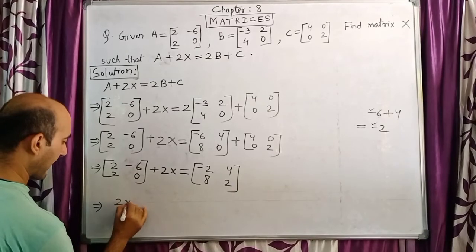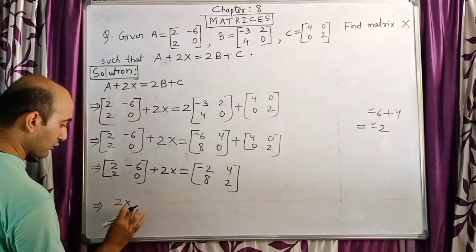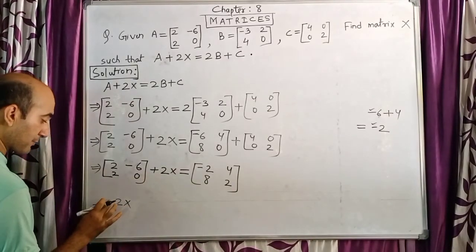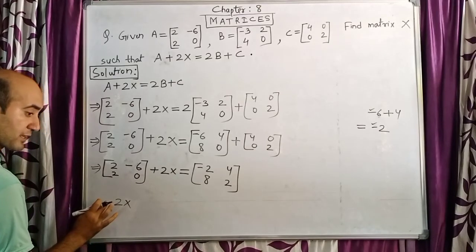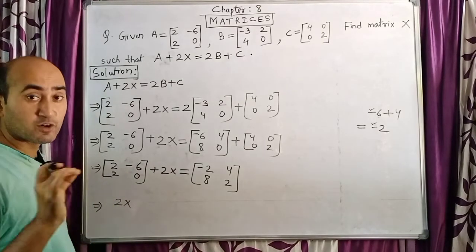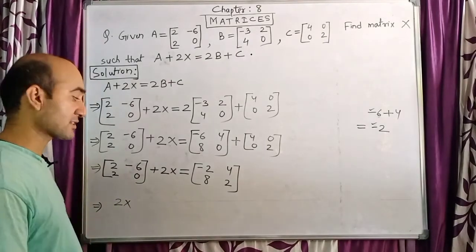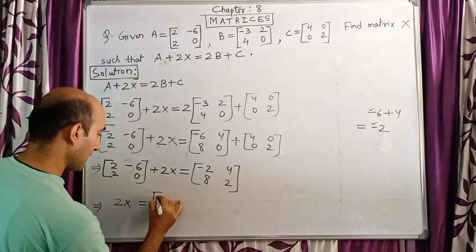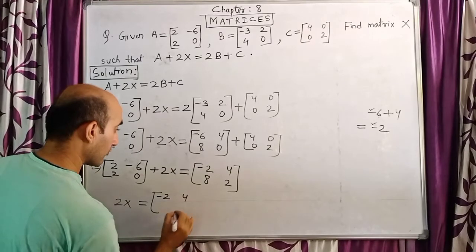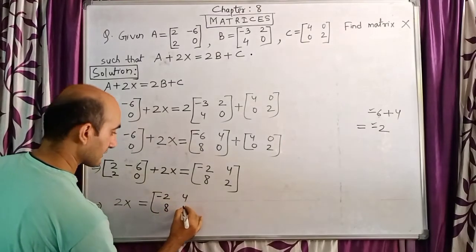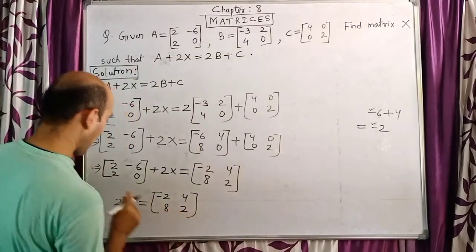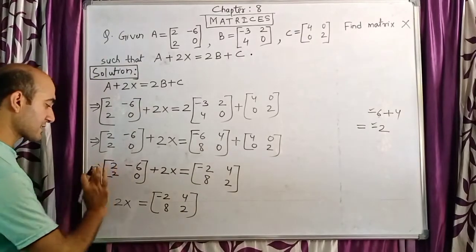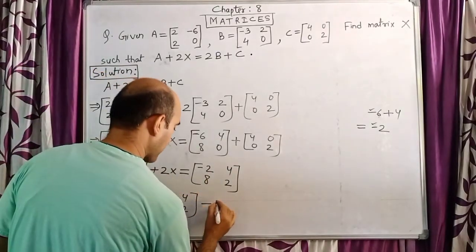So here I only need to write 2x. I don't need to write plus, because if you don't write anything, it is plus, we understand that. So it is 2x. Next, minus 2, 4, 8, 2. Now as I said, this is a plus matrix, it will go that side and become a minus matrix.